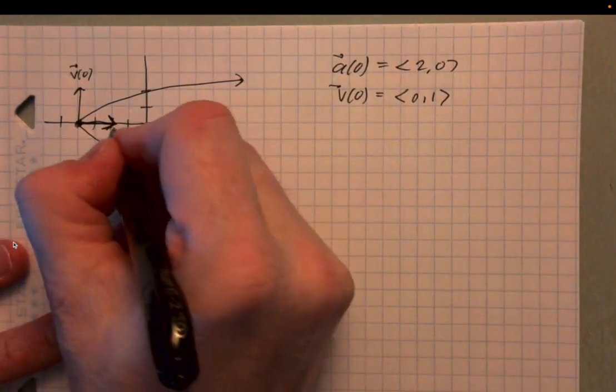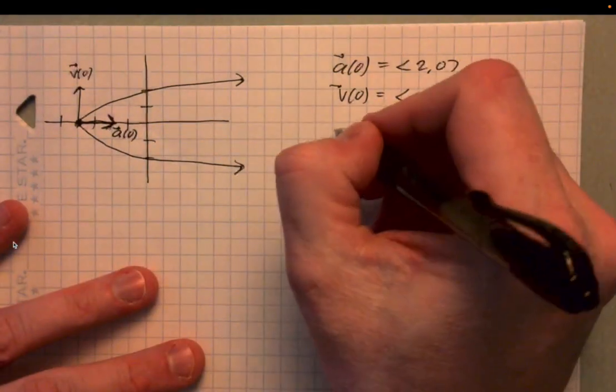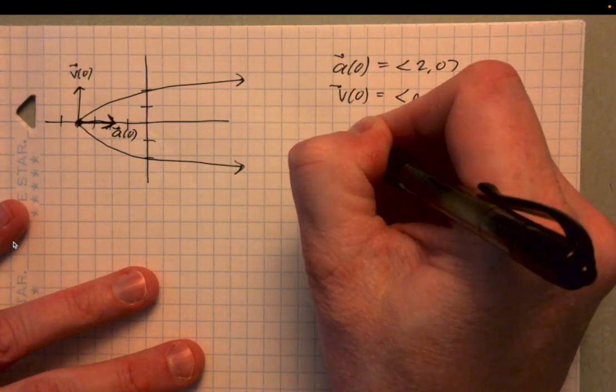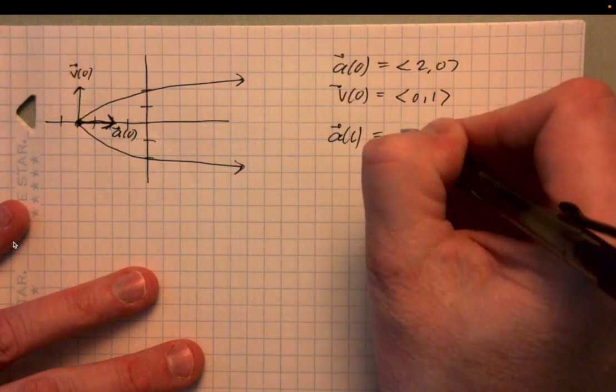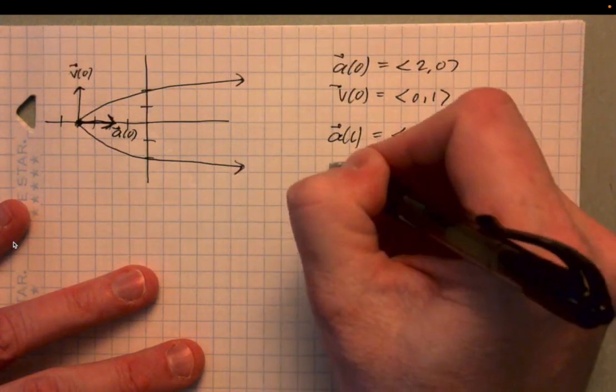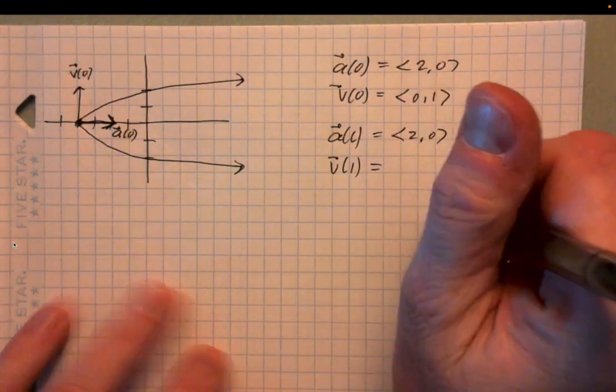Okay. And what about at t equals 1? Let's do t equals 1. So acceleration at time 1 is, again, 2, 0, and the velocity is 4, 1.